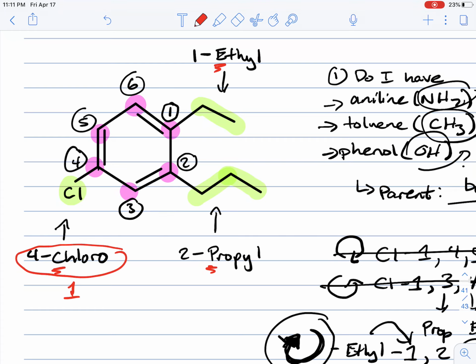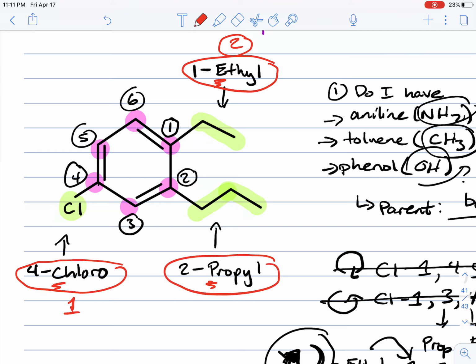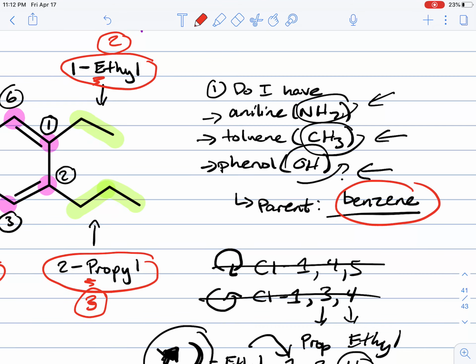The second substituent that we're going to name is ethyl because it starts with the letter E. And then the third is going to be the propyl. The P comes much later in the alphabet. And then once we have all of the substituents named, we're going to go ahead and add in benzene.